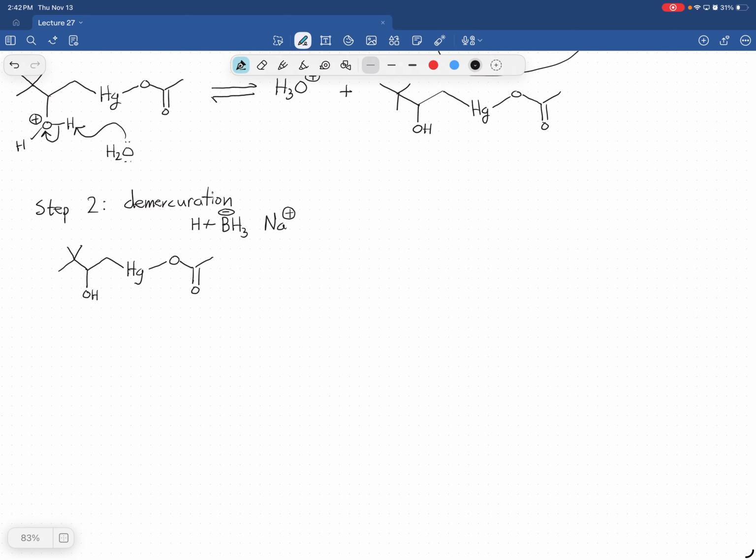Let's grab this bond and have it attack the mercury atom here. When you do this, it's SN2-like, so the acetate will leave, okay? So the mercury is going to be given a hydrogen atom. Let's write the result of this step.